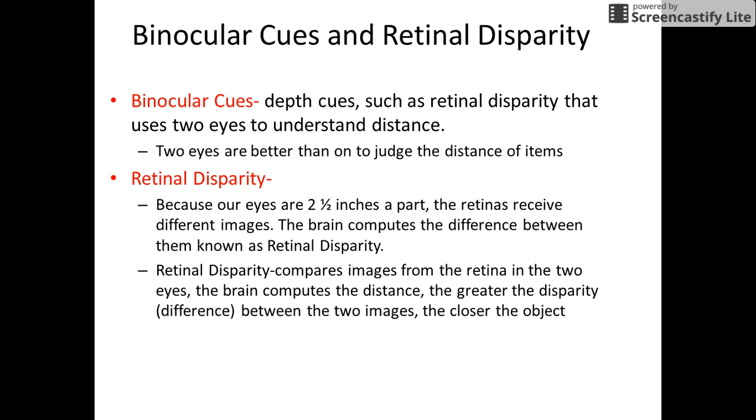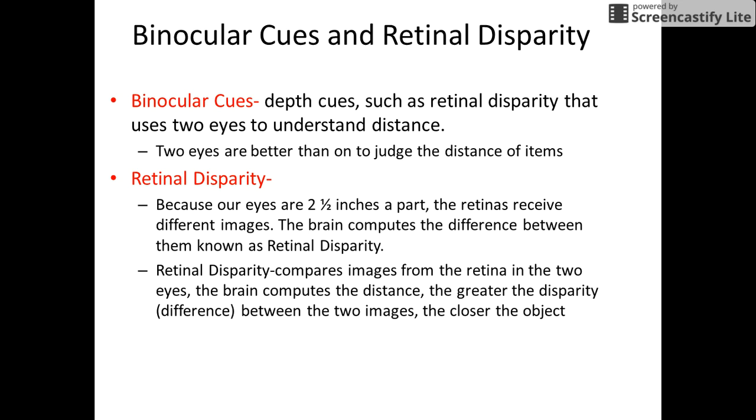Binocular cues are depth cues, specifically such as retinal disparity, that use 2 eyes in order to help us understand distance. With the 2 eyes we can actually understand distance. 2 eyes are better than 1 to understand the distance of different items. Retinal disparity means that our eyes are not at the exact same location in the face, so we see images a little bit differently.